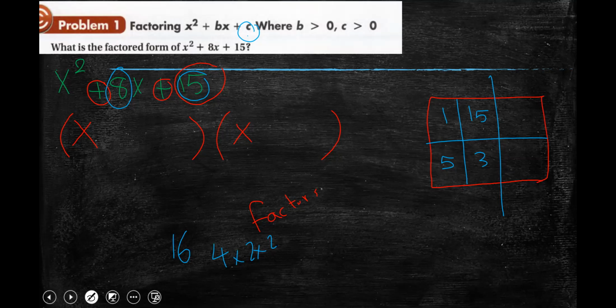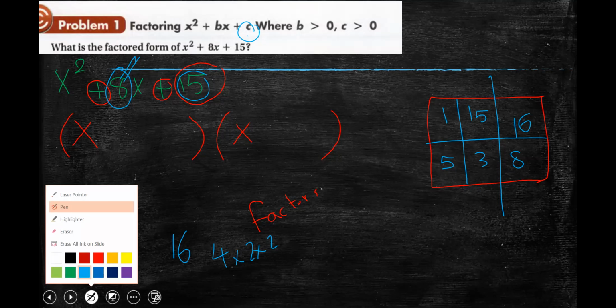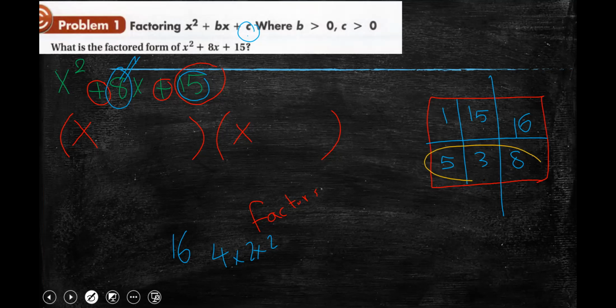Then I will look at two numbers that if I add them, I will get 8. What are these two numbers? Let's add them. 1 plus 15 is what? 16. And 5 plus 3? 8. So my factors that accomplish my conditions are 5 and 3.